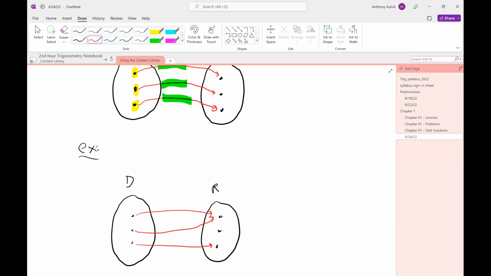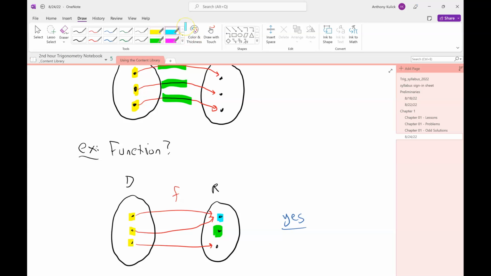All right. Consider this mapping diagram. Does this represent a function? So Nathan says yes. And that is correct. Why doesn't it matter that nothing goes here? Yep, we only care that each domain goes somewhere.